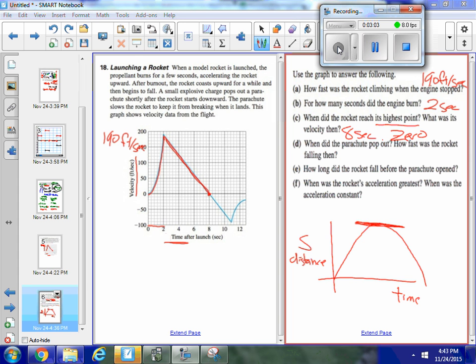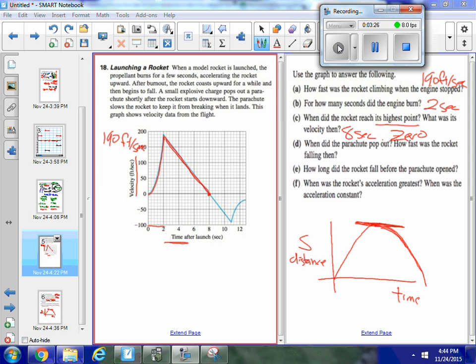So once it reaches its highest point, the rocket starts coming down to Earth. And if you remember, velocity has direction associated. It's not speed. Speed is the absolute value of velocity. So velocity has direction associated with it. And now my velocity is negative. The slope is negative. I'm going into the negative part of the derivative graph.